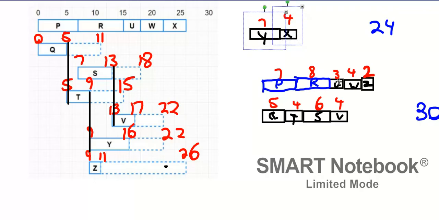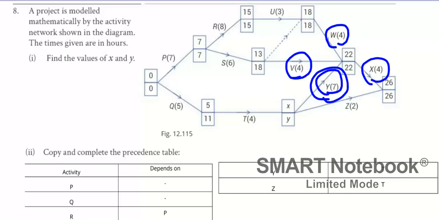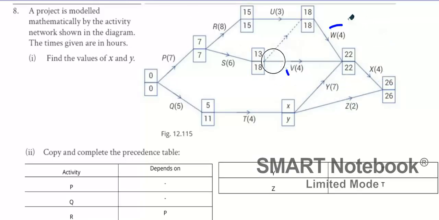We'll just park that for a second. And I also like the idea of W and Z together. Can anybody tell me why I like W and Z together as well? If you go back to your diagram, Y feeds into X. We had an issue with that earlier, didn't we? Z has to be one of the end ones. So it could be V or W. But W and Z seems to be okay, right?